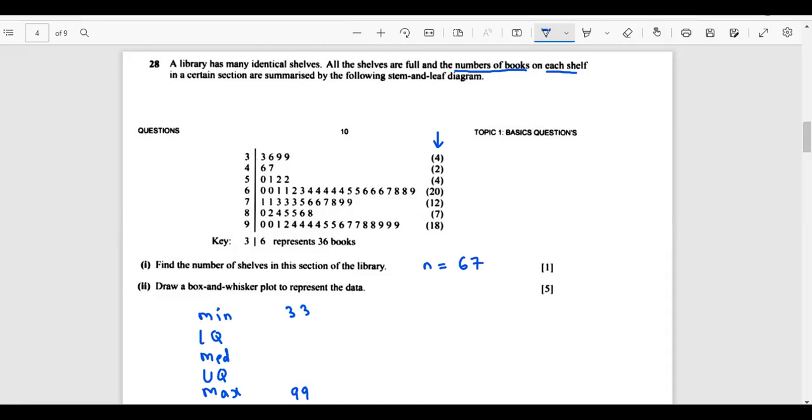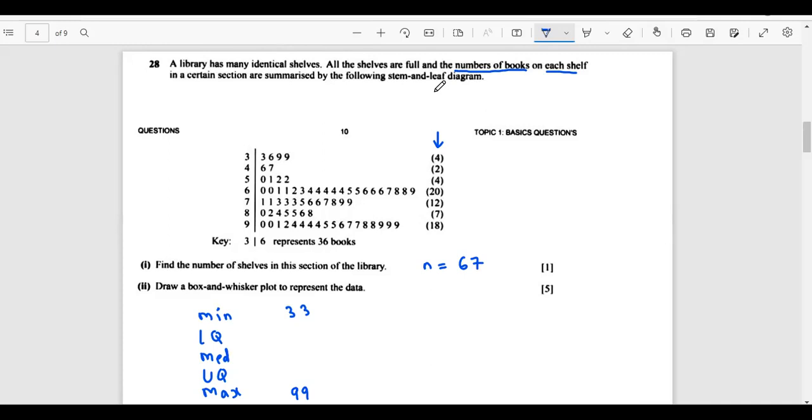So Vishal, please check that again. No, for the median, what do we do?